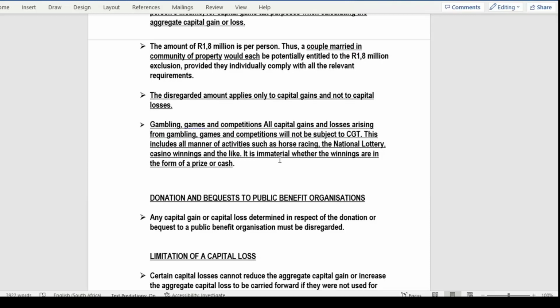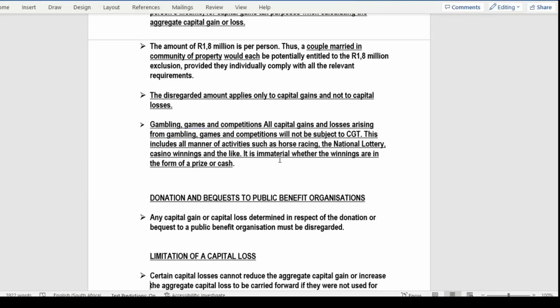So gambling games and competitions: all capital gains and losses arising from gambling games and competitions will not be subjected to CGT. Right? This includes all manner of activities such as horse racing, national lottery, casino winnings, and the like. It is immaterial whether the winnings are in the form of a prize or cash.